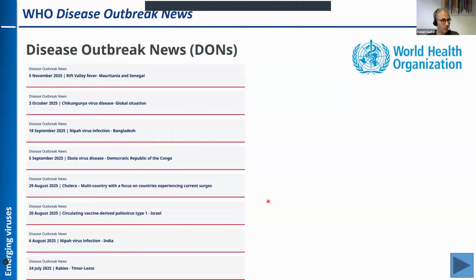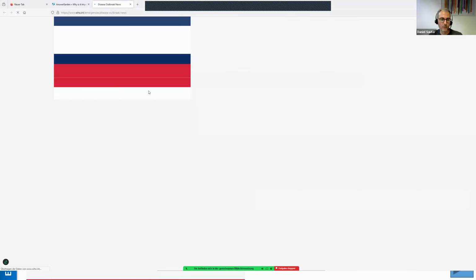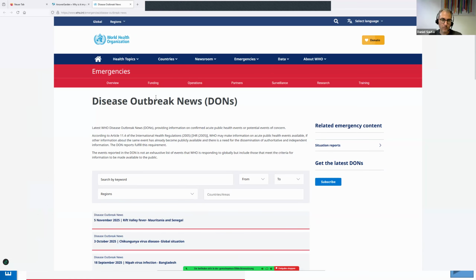To get some more scientific or better information, you could, for example, have a look at the webpage of the World Health Organization that is called the Disease Outbreak News, or DONs. This is shown here, so we can just have a look at this together. I just put the link here. This is how it looks.